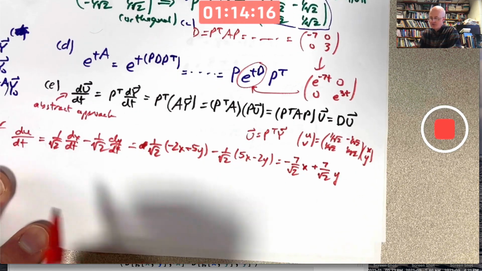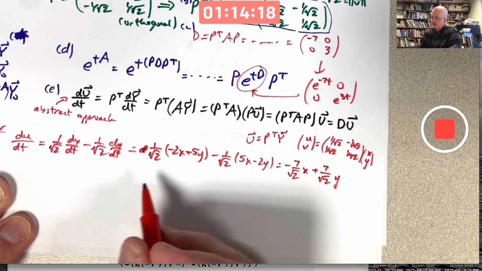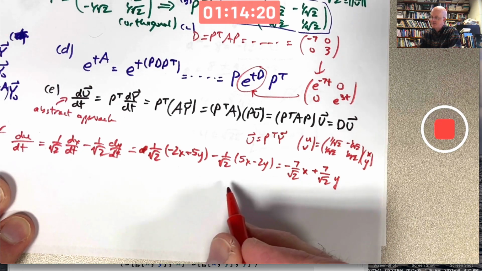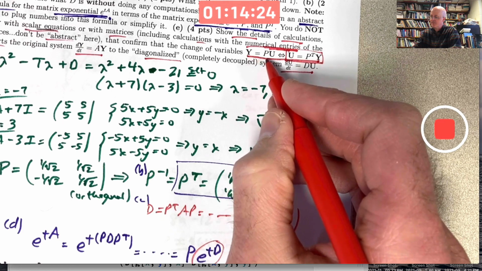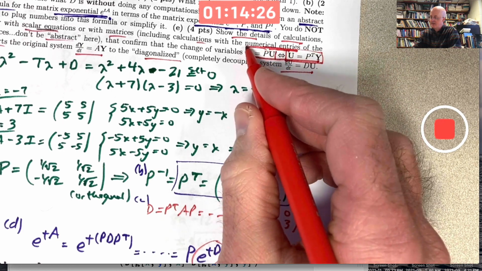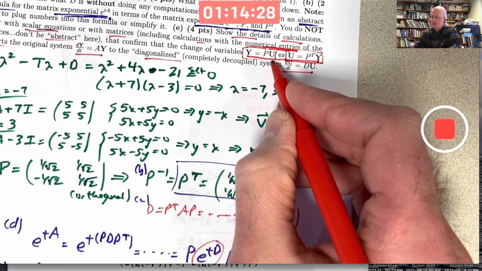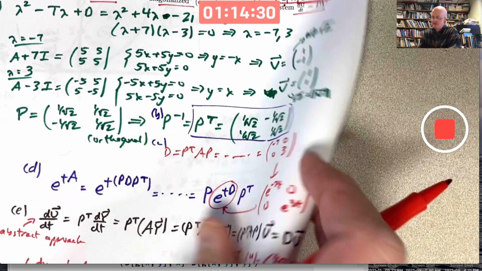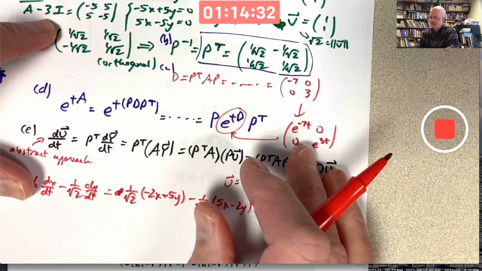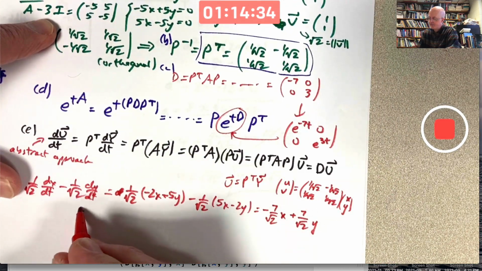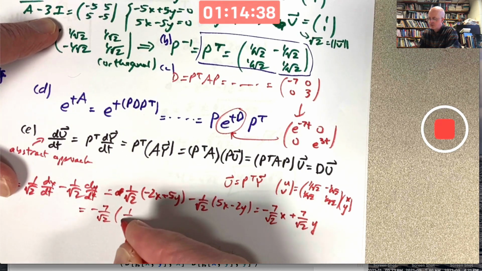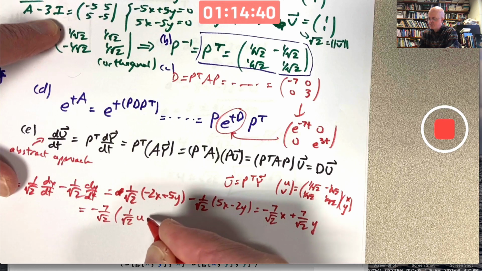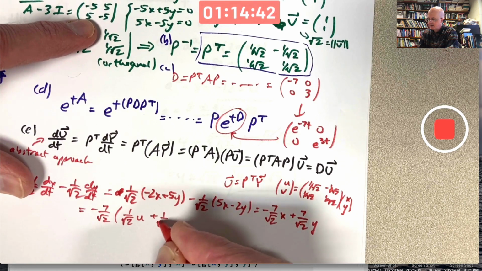I want to get back in terms of u, so I need to substitute again. Replace x with something involving u and v based on this equation, where P is this. In other words, x is 1 over root 2 times u plus 1 over root 2 times v.